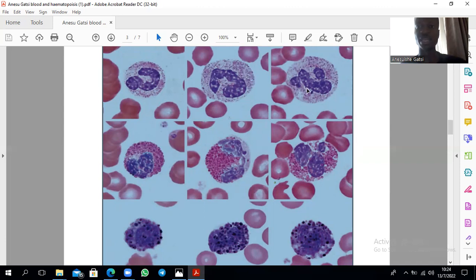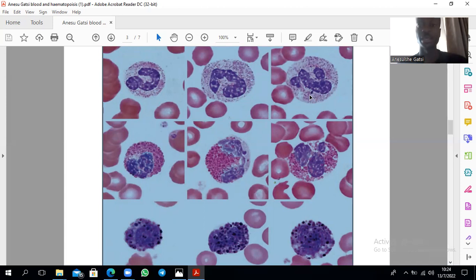So you have a drumstick nuclear appendage. Right? Then the specific granules that you find will work in fighting infections. And remember, neutrophils are the first cell in inflammation, that is acute inflammation. They are the cell involved in acute inflammation.